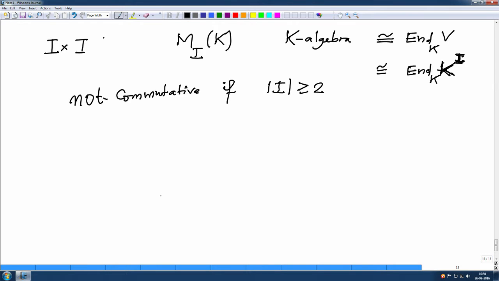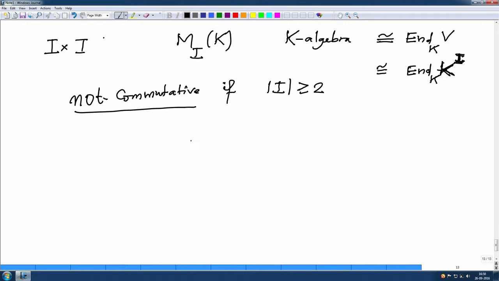One can see this very easily, you can write down 2 by 2 matrices, for example, which do not commute under matrix multiplication. So it is not commutative, that is not so good, but on the other hand we have to deal with it to study the linear operators on a finite dimensional vector space.